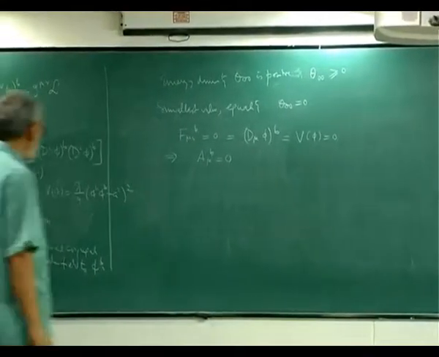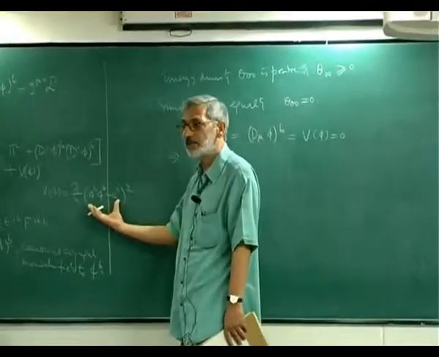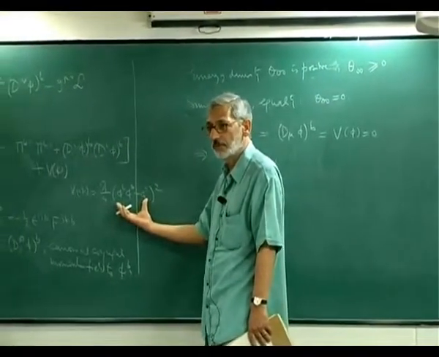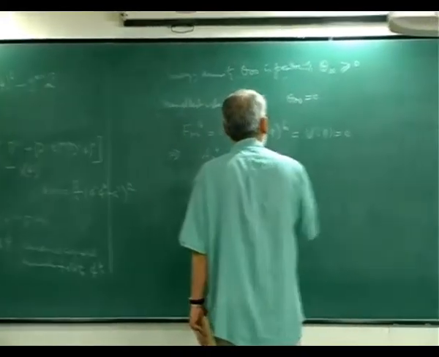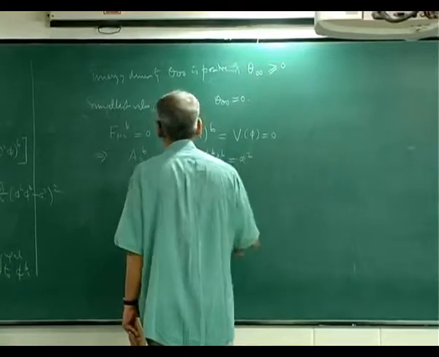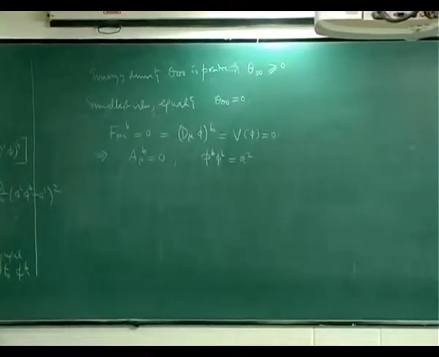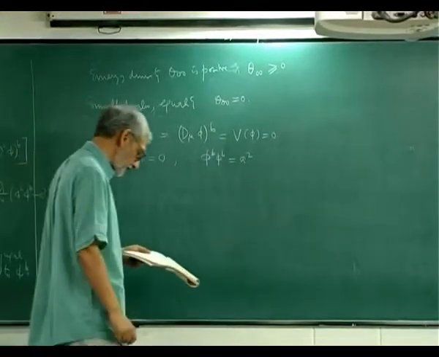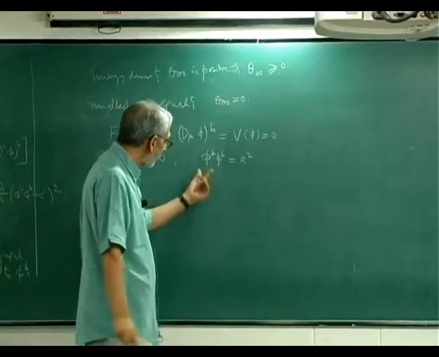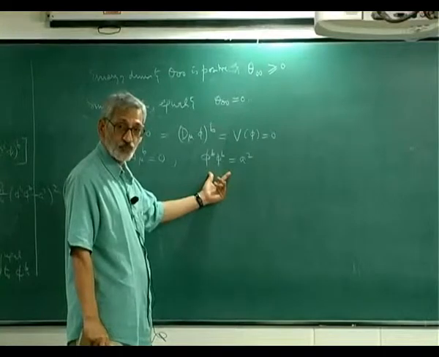And these also correspond to V(phi) being 0, that is phi^B phi^B equal to a squared.